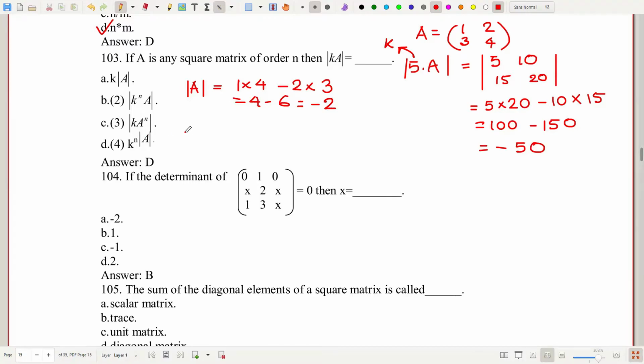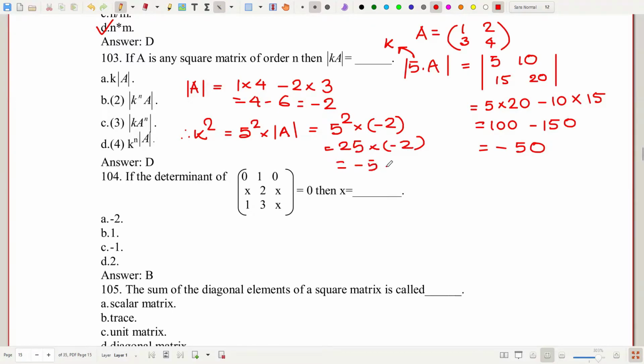If we consider k square, that means 5 square into the determinant of A, that gives us 5 square into minus 2, or 25 into minus 2, or minus 50. So obviously the answer must be k to the power n with multiplication of the determinant.